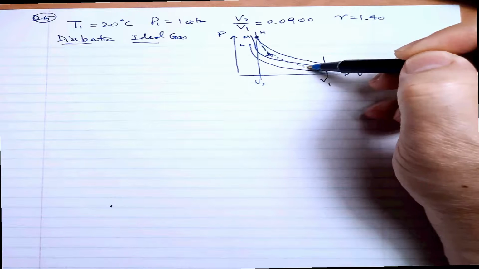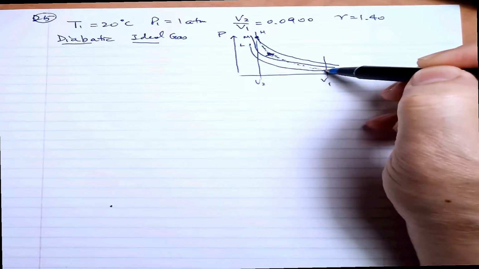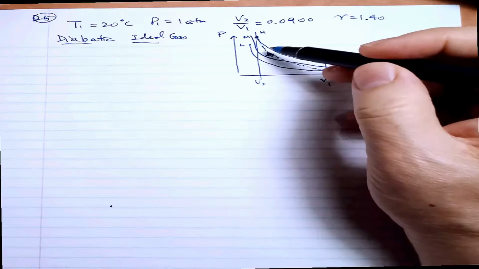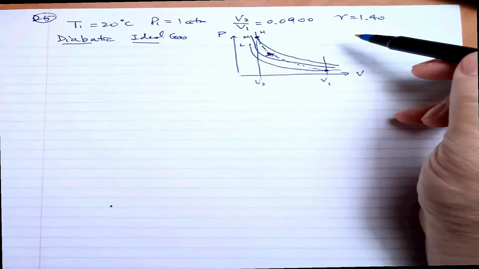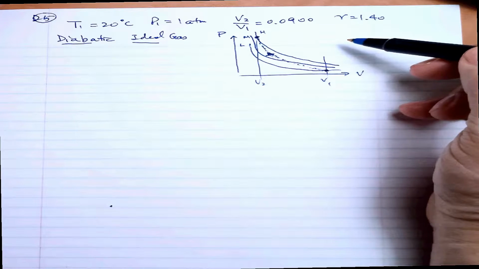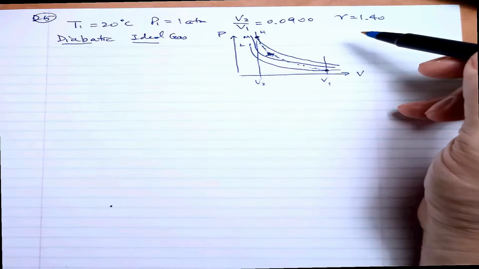So this will be the adiabatic compression. Put an arrow showing the process from V1 to V2, from this state to that state. That's the first part, to graph the PV diagram. Part 2 says find the final temperature and pressure.